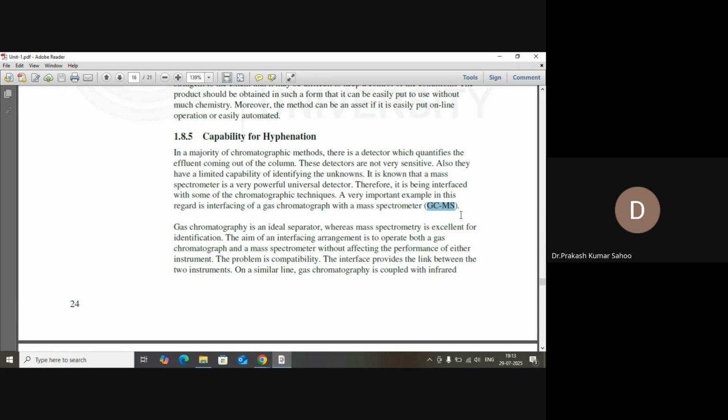So there is a big difference between spectroscopy and spectrometry. Just remember this difference. UV is a spectroscopy because UV electromagnetic radiation is used. IR, infrared, is a spectroscopy. NMR is a spectroscopy where radio waves are used. But mass is a spectrometer. Okay.